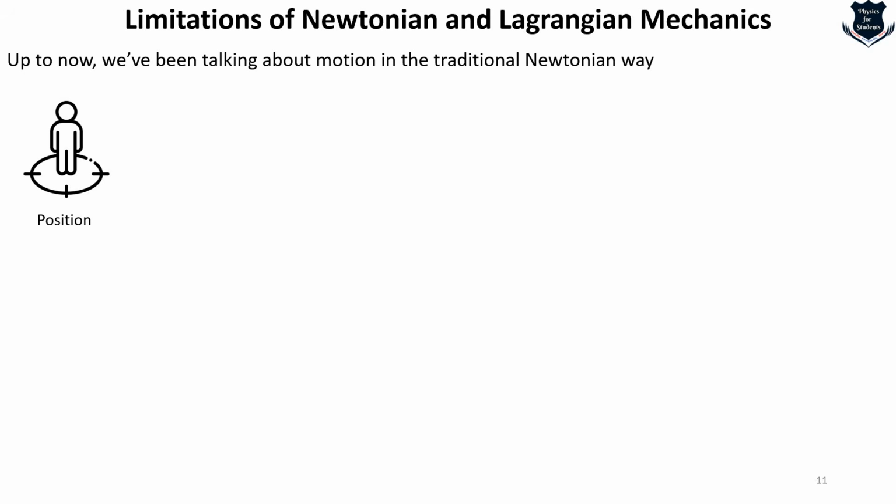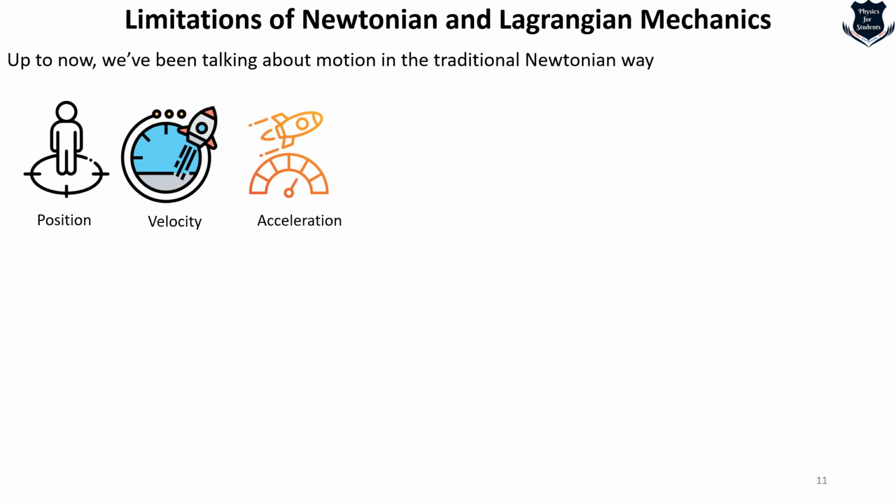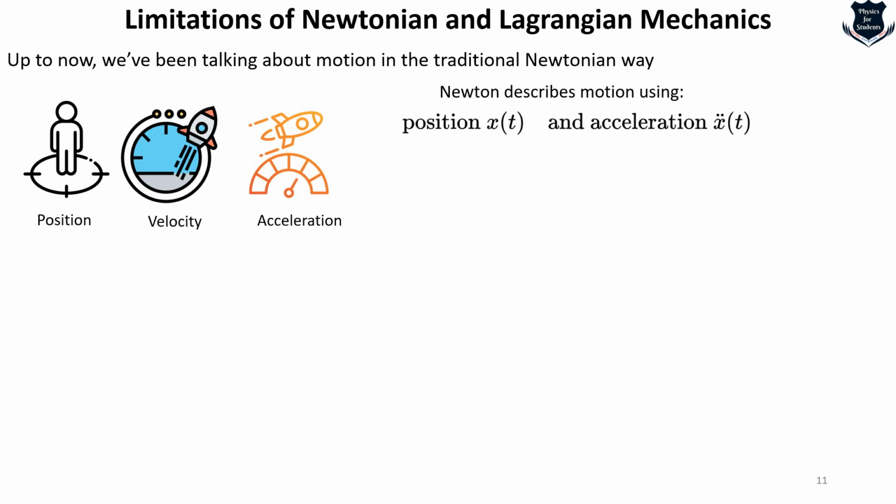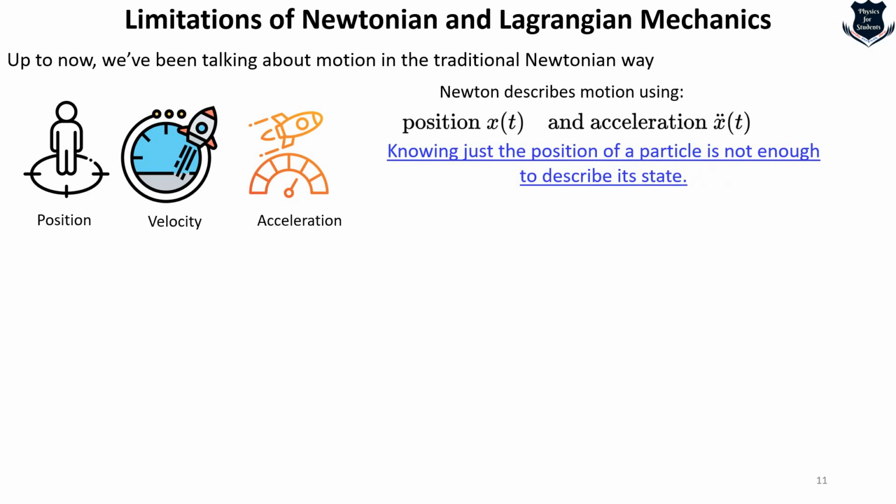That means we have a position, we have a velocity, we have an acceleration, and Newton describes everything using position and acceleration. But as science progresses, as physics progresses, what we have found is that knowing just the position of a particle is not enough to describe its state.